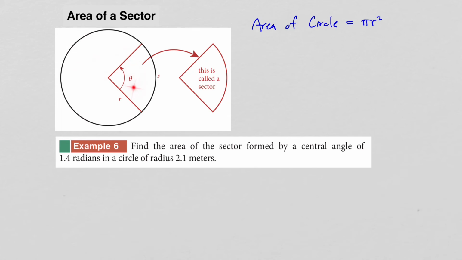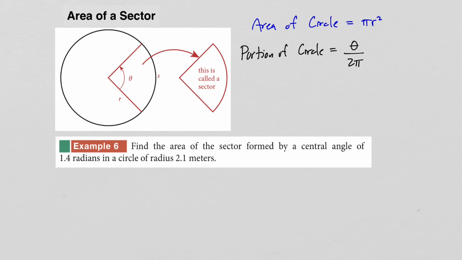And if your angle is smaller, you're going to have a smaller portion. So what portion of the circle do we have? Well, what you do is you take your angle theta and you divide it by one full circle, which has an angle of 2 pi.